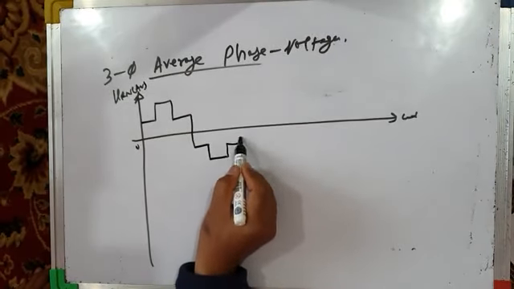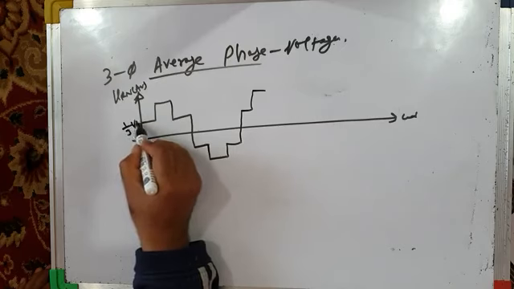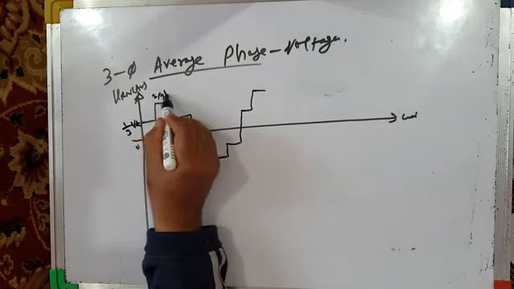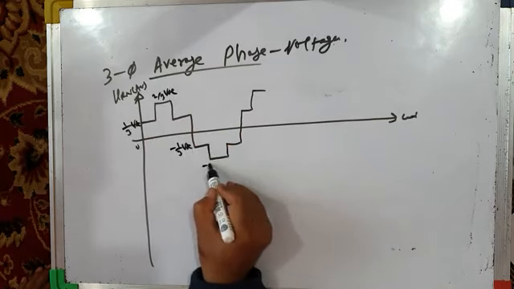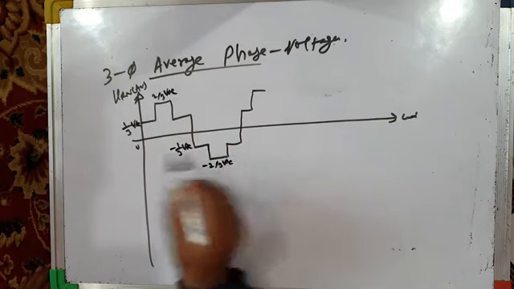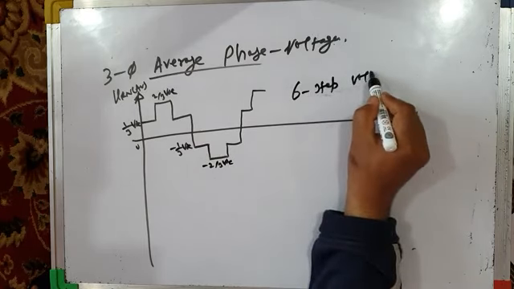Absolutely 6-step operation. We have already studied this. This is 1/3 VDC and this amplitude is 2/3 VDC. This is minus 1/3 VDC and this is minus 2/3 VDC. 6-step voltages, phase voltages.